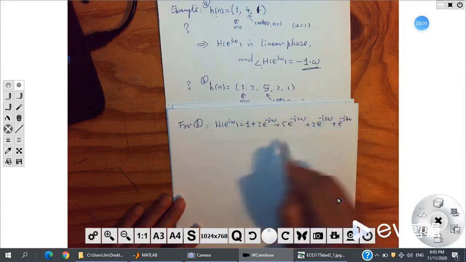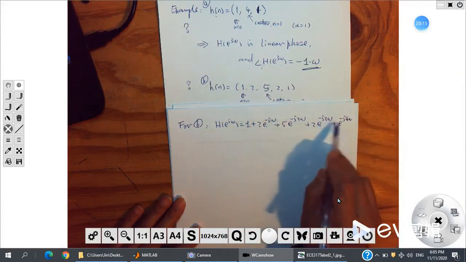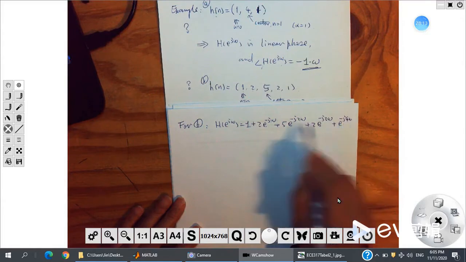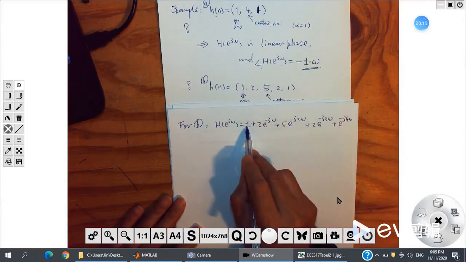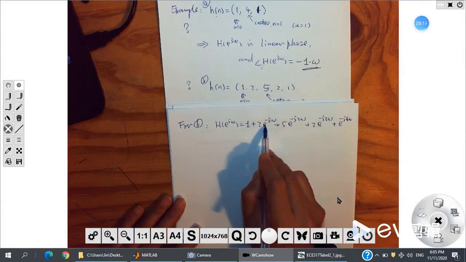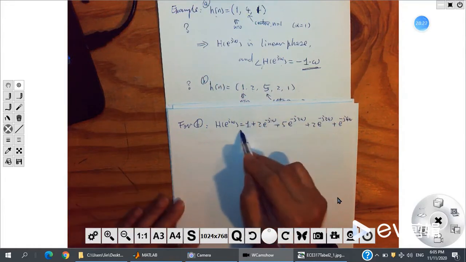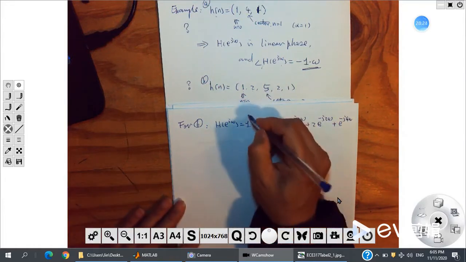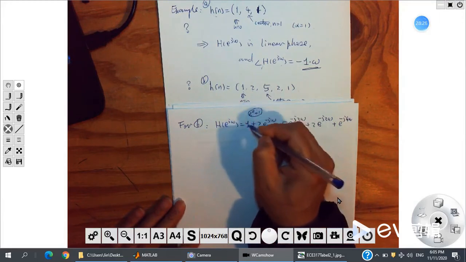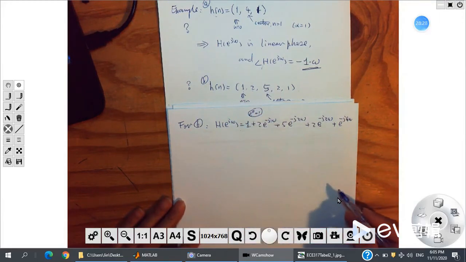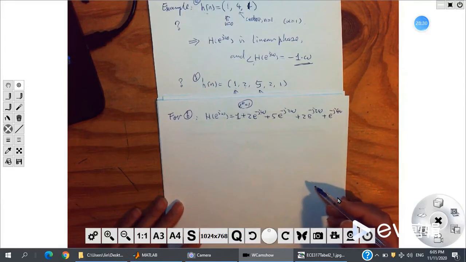Right, omega, 2 omega, 3, and 4 omegas. Actually, the first term also has an exponential power, but it is e to the 0 omega, which is 1. So here just 1.